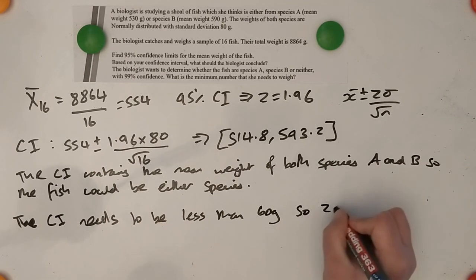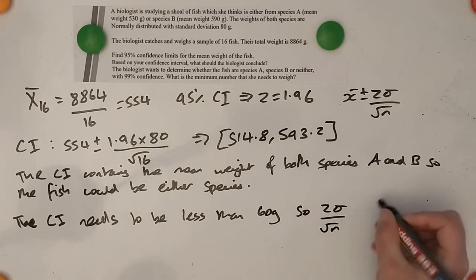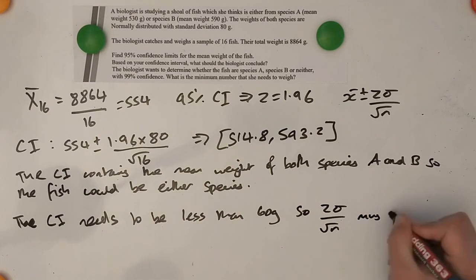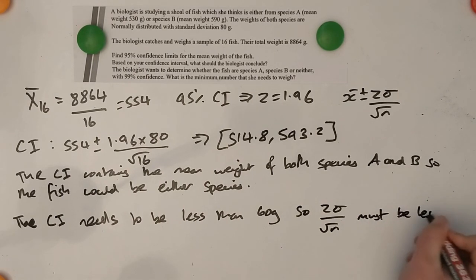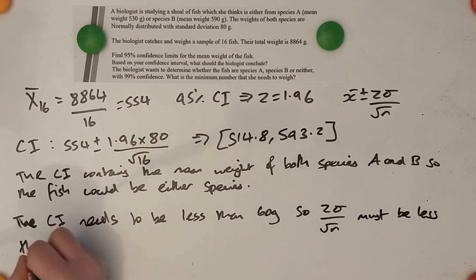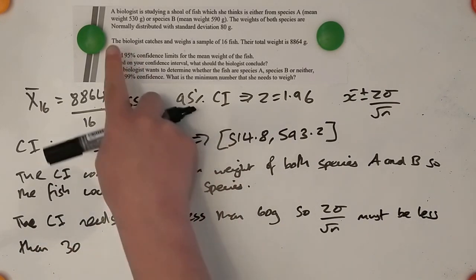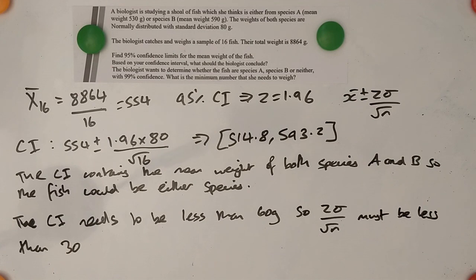So z sigma over root n must be less than 30. Yeah, because there's a 60 gram difference between them, and because I'm doing a plus or minus, that means this must be less than 30.